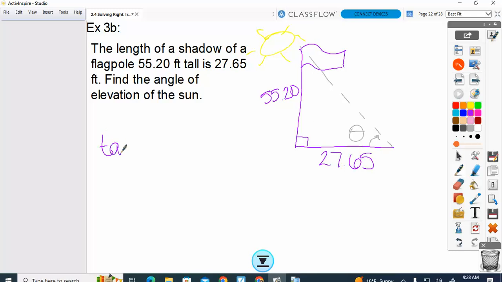Tangent of angle theta equals the opposite side, 55.20, divided by the adjacent, 27.65. Then if we're trying to find the angle, to move the tangent, we make it tangent inverse.